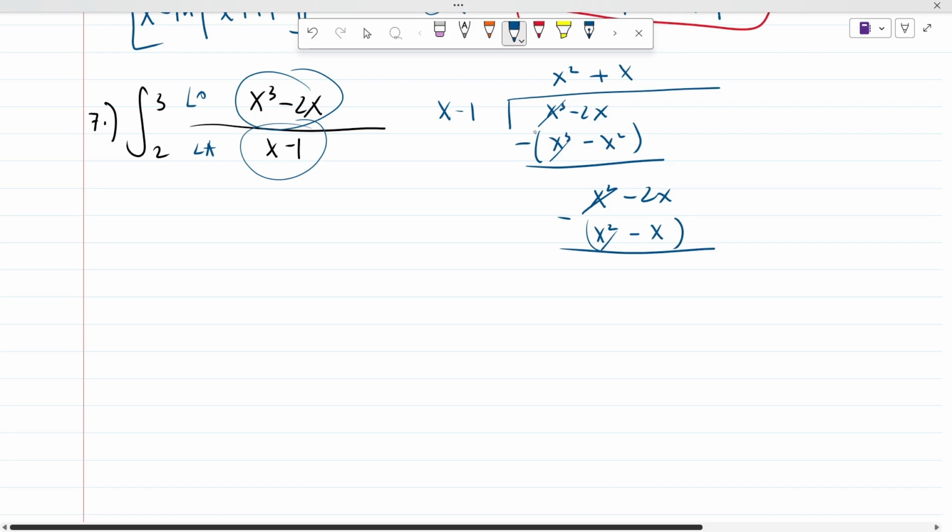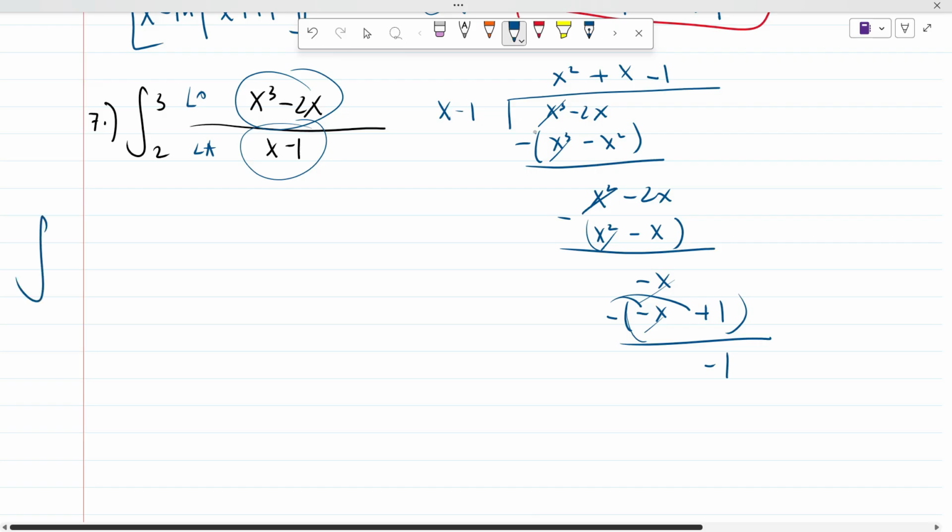So, cancel, positive x, negative 2 plus x equals to negative x. So, negative 1, negative x plus 1. So, cancel na to. May negative yan. Distribute lang yan. So, this will be equals to negative 1, guys. Yes?